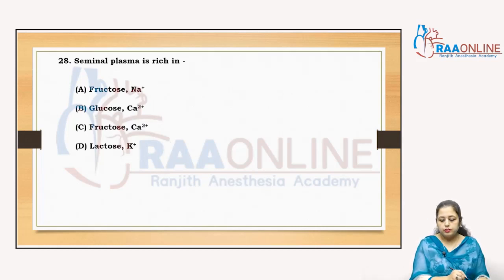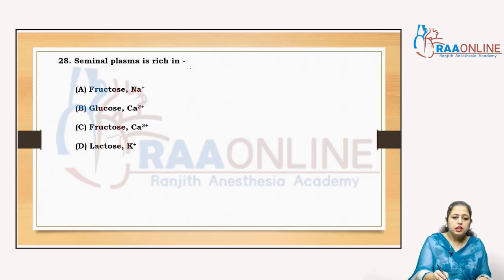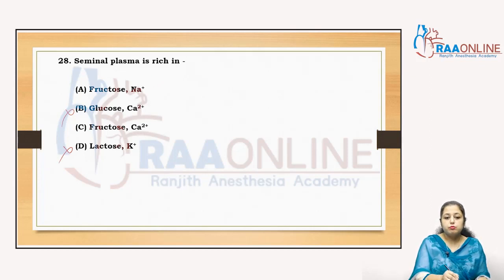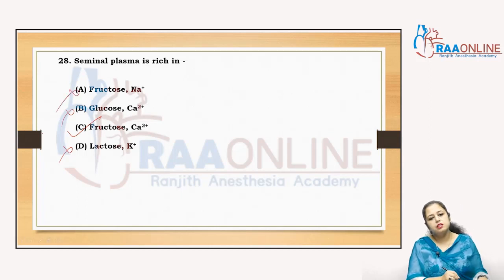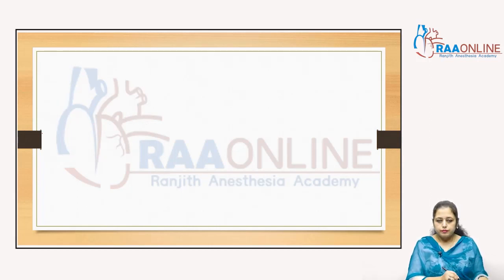Come to the next one. Seminal plasma, that is talking about the secretion of the seminal vesicle, is rich in fructose, and so these are cancelled, fructose and sodium, and fructose and calcium, so this is rich in fructose and calcium, so the answer is C, right?